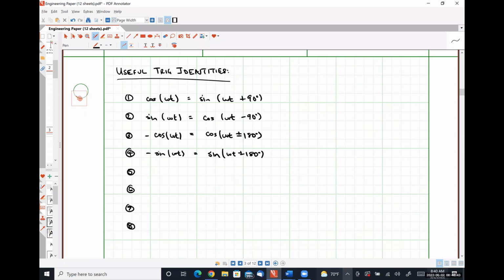So our first one is going to be sine of alpha plus beta is equal to sine alpha cosine beta plus cosine alpha sine beta.